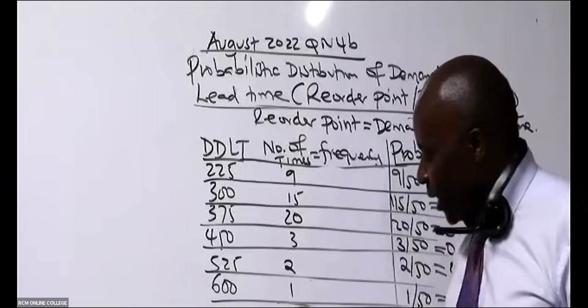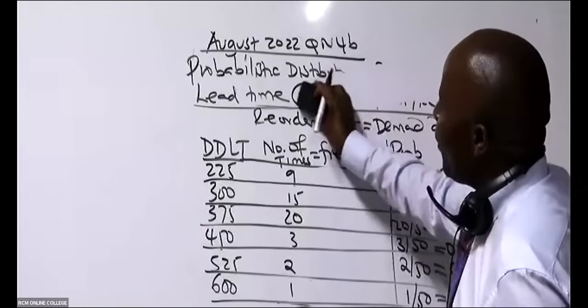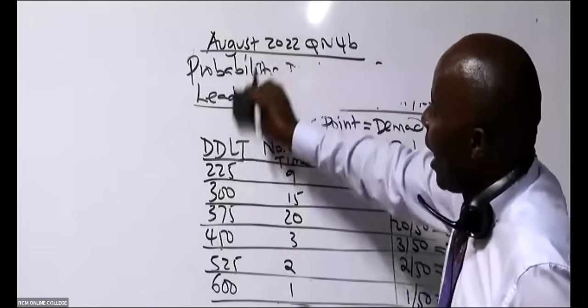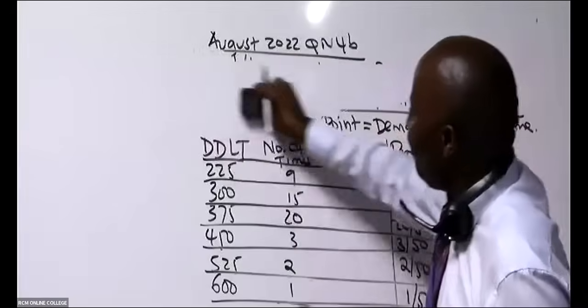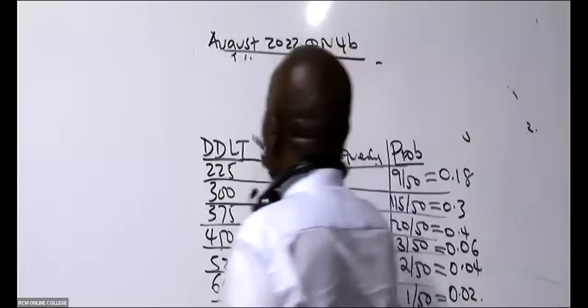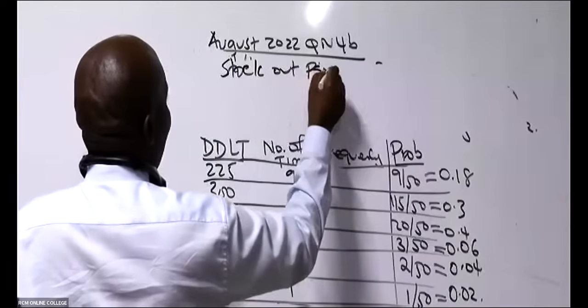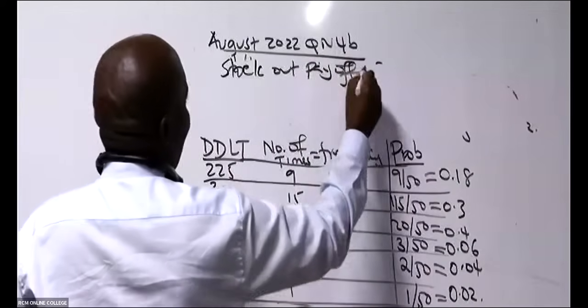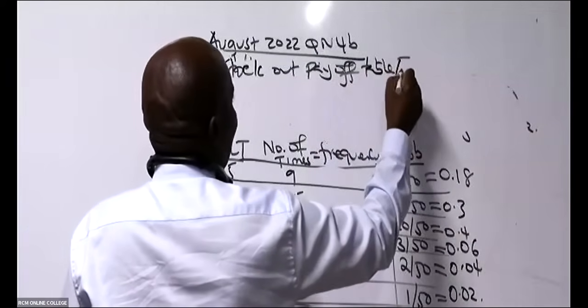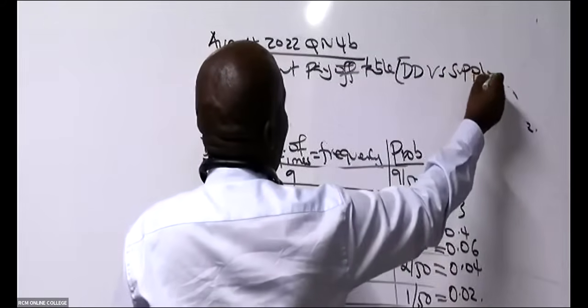Now, once you draw it, ladies and gentlemen, you can go and give us the stock out payoff table, where basically we compare demand versus supply.